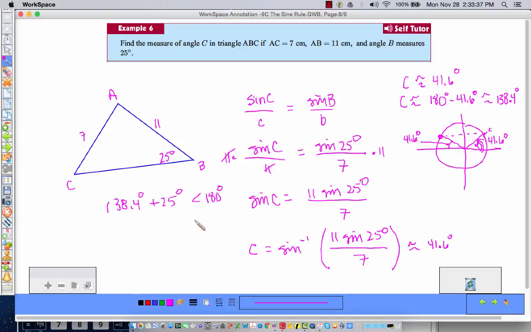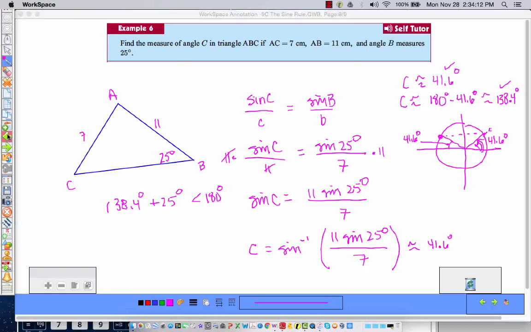Because the sum of all the angles in a triangle is 180 degrees. So if this is greater than 180, then we would have to throw that answer out, because we can't have two angles that add to more than 180 degrees, because there's no room for a third. So that's how you do it. You always find the second angle by subtracting the first one from 180, and then you test it to see if the sum is less than 180. If it is, we have two solutions. If not, then we have only one.